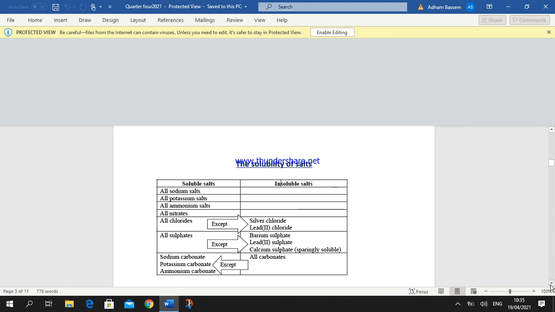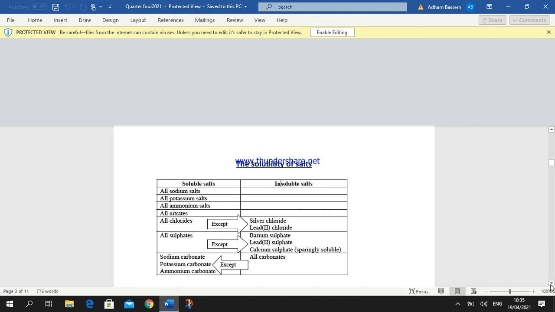Also all sulfates, any salt ending with the sulfate group SO4, are soluble except three salts: barium sulfate, BaSO4; lead sulfate, PbSO4; and calcium sulfate, CaSO4. All of them are insoluble salts.